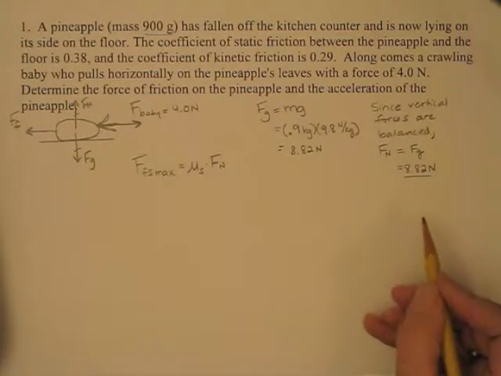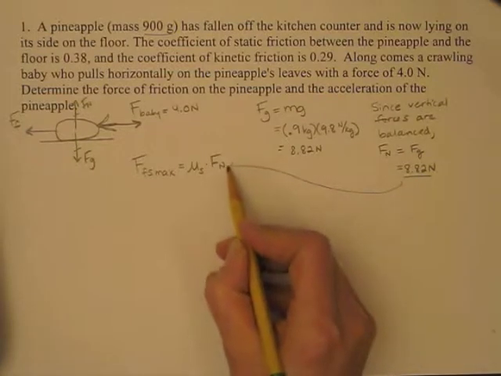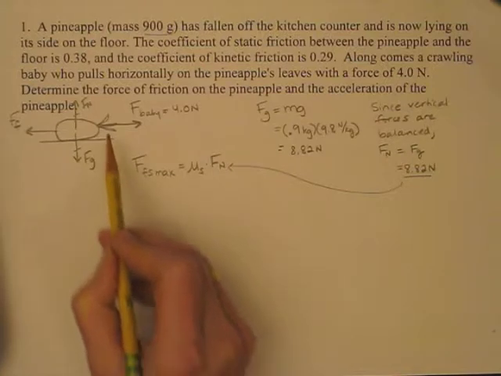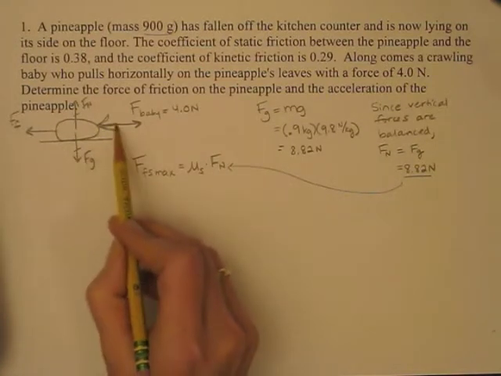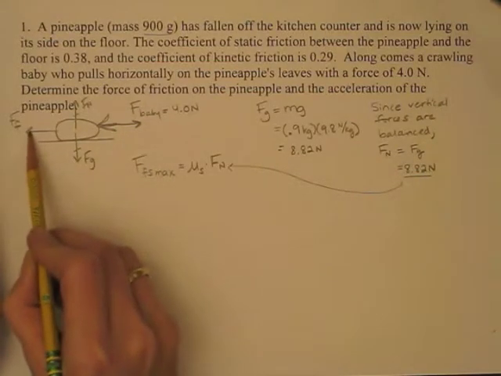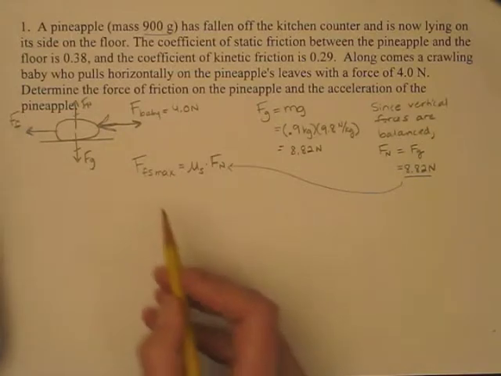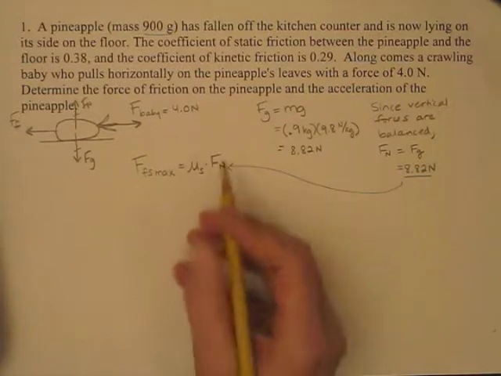So now we know the normal force, which I can substitute here. So remembering what I'm trying to do, I'm trying to find out if the pineapple is going to move. And so I need to know if the baby's force is more than the maximum force of static friction. So I'm trying to calculate the maximum force of static friction.